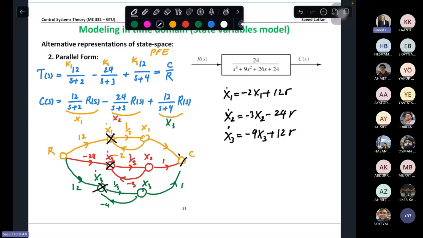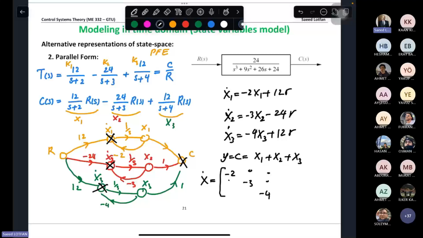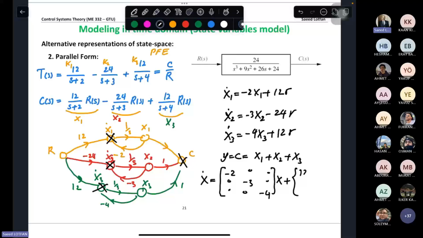And for C, which is y output, we have 1, 1, 1, x, because we have x1 plus x2 plus x3. So this can be shown as minus 2, minus 3, minus 4, 0, 0, 0, x plus 12, minus 24, 12, r, and y can be shown as 1, 1, 1, x. Clear?